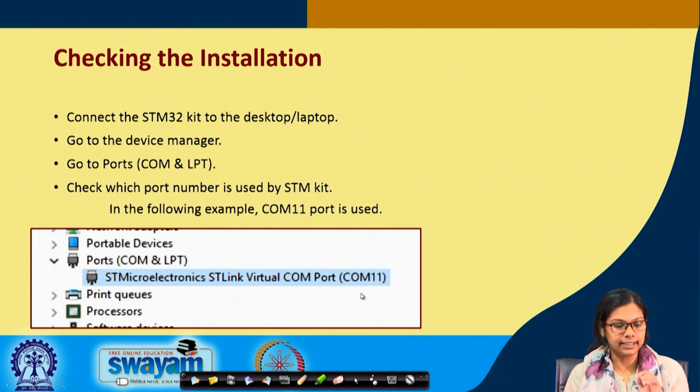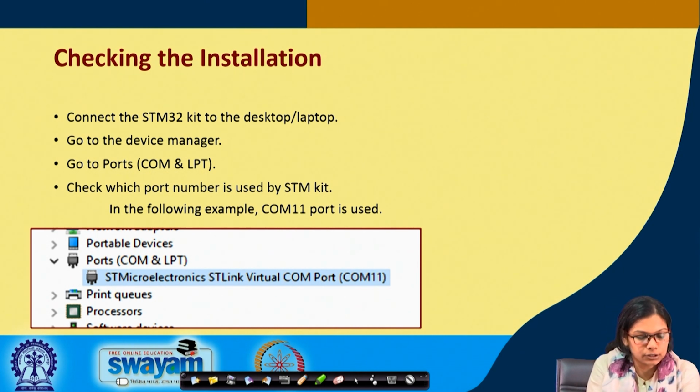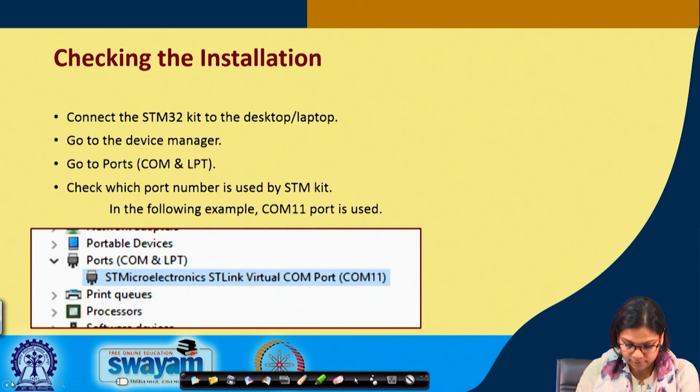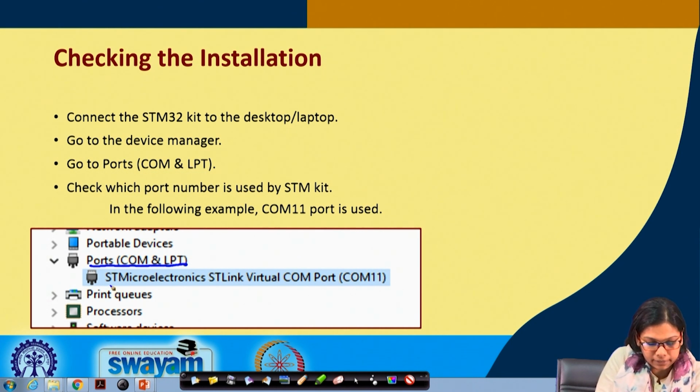Next, checking the installation. Once you have installed the driver, connect this STM32 kit to the desktop or laptop. I have already told you the connector you have to use. Go to Device Manager, then Ports (COM and LPT).